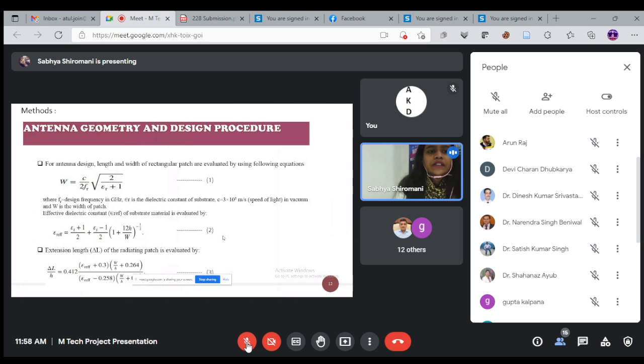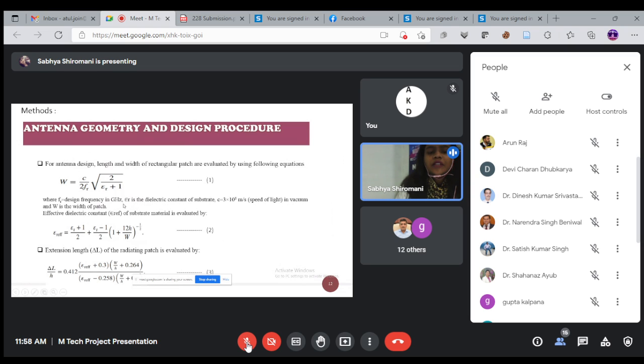So for the methods, the antenna geometry is a very crucial procedure. In the very first step, in order to decide the dimensions of the patch, as I have selected the rectangular patch, here I have the parameters to calculate the width, which is given by the formula in equation 1.